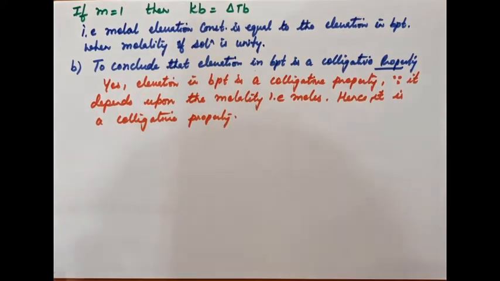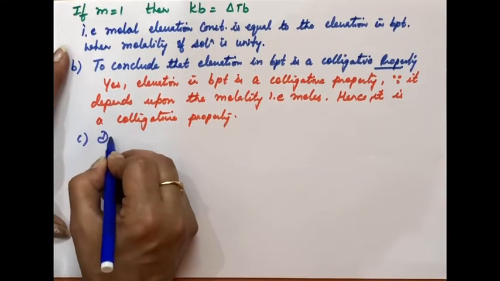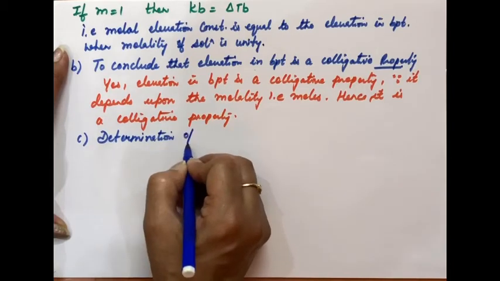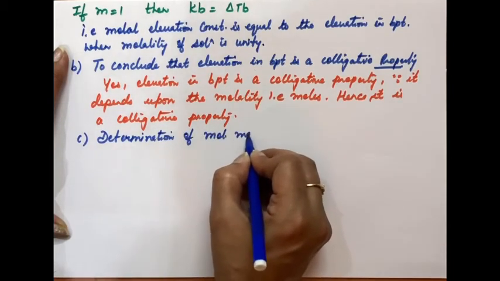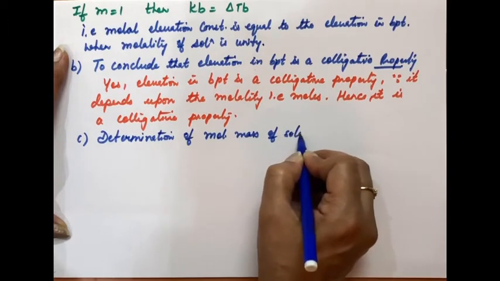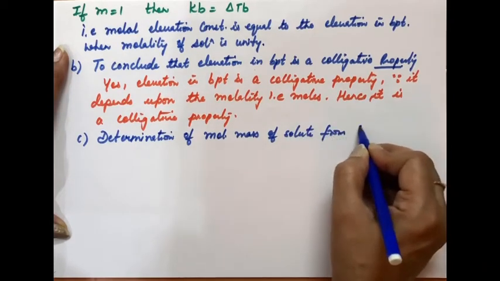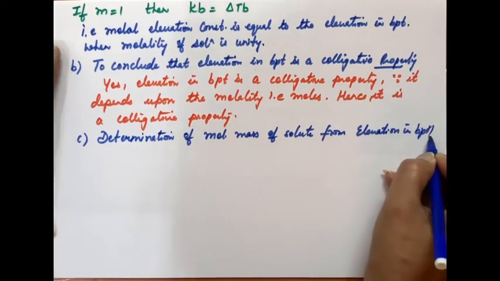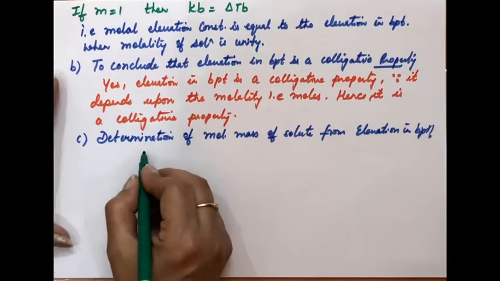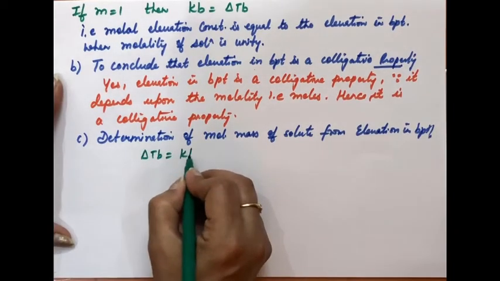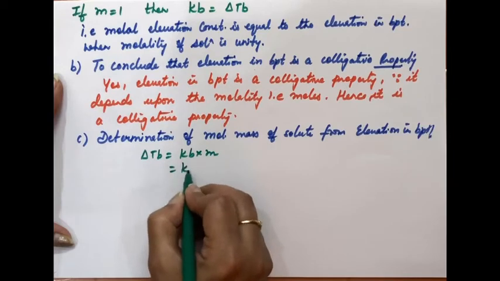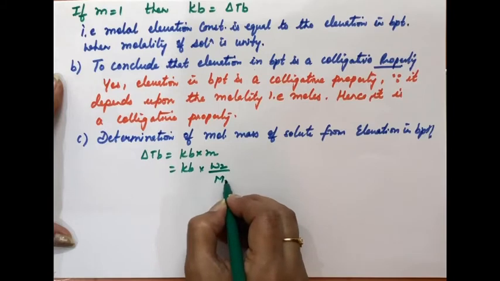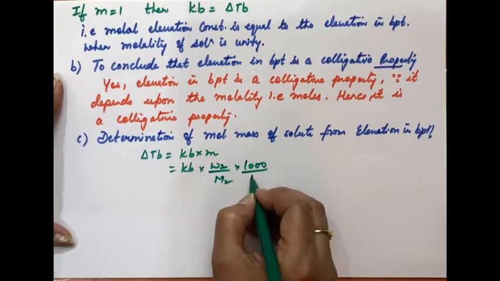And the third part of this colligative property is, with the help of this colligative property also we can determine the molecular mass of solute from elevation in boiling point. Since we know that delta TB is equal to KB into m, and molality is W2 upon M2 into 1000 upon W1.